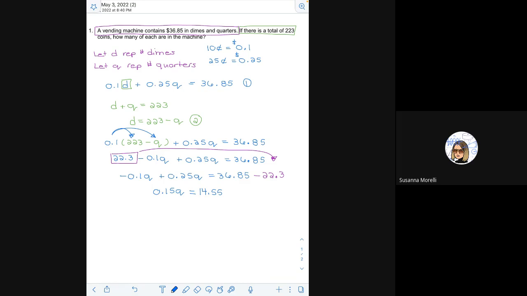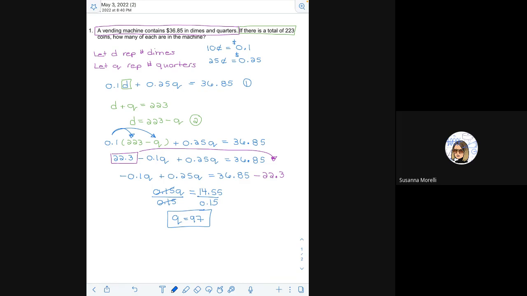Then we want to isolate for Q, so we're going to divide both sides by 0.15, which is the coefficient in front of Q. We'll find that Q is equal to 97. So that means there are 97 quarters.